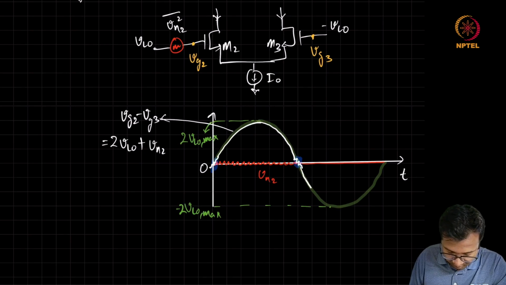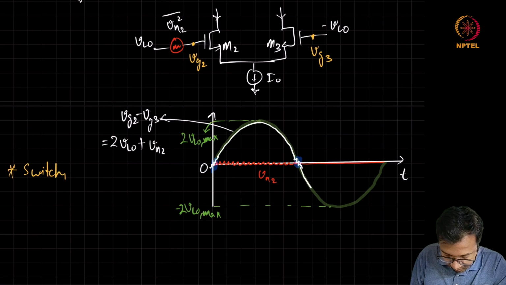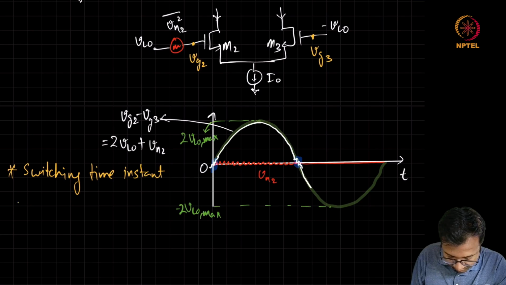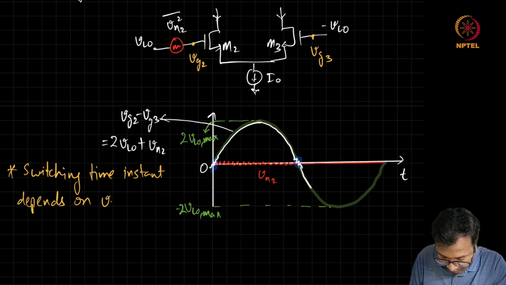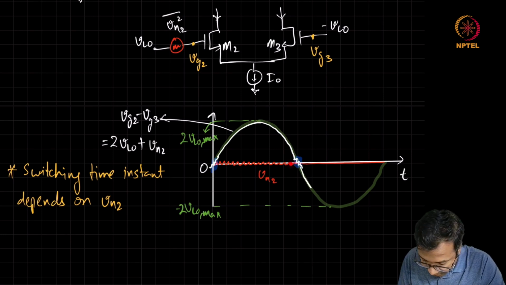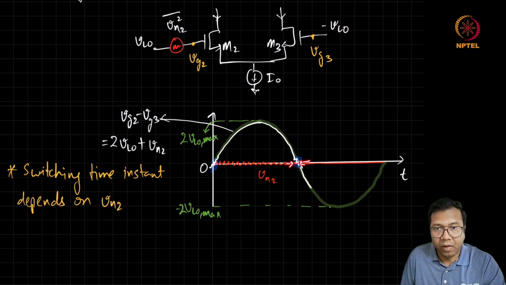So the switching time instant depends on VN2, as well as this delta T will also depend on what is the slope.